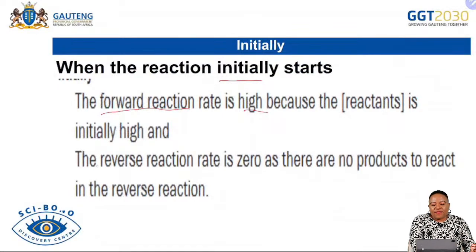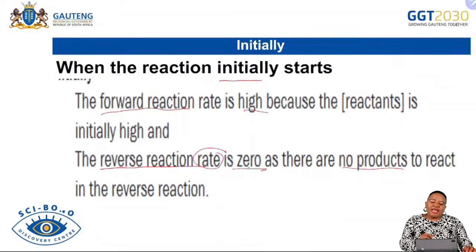And then the reverse reaction at the start is 0. The rate of reverse reaction is 0 at the start, as there are no products to react in the reverse reaction. That is initially when you start the reaction.